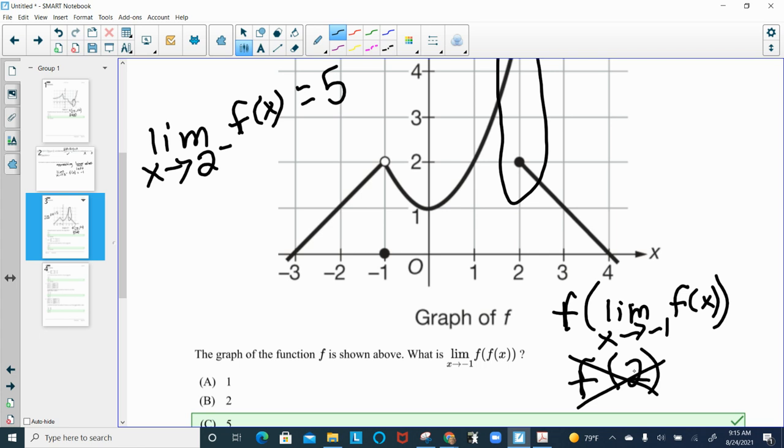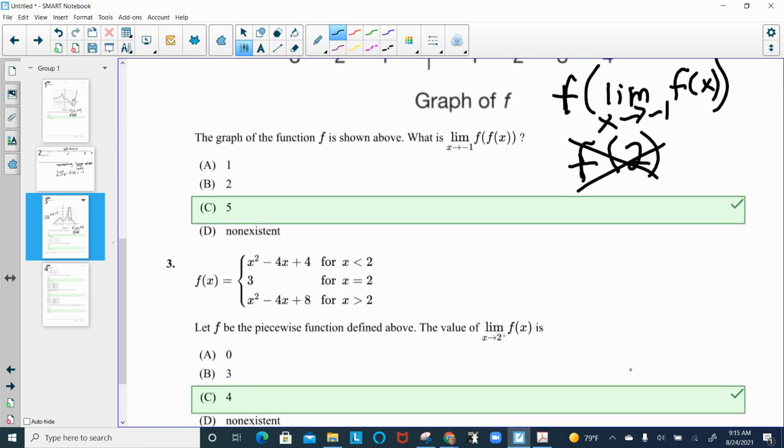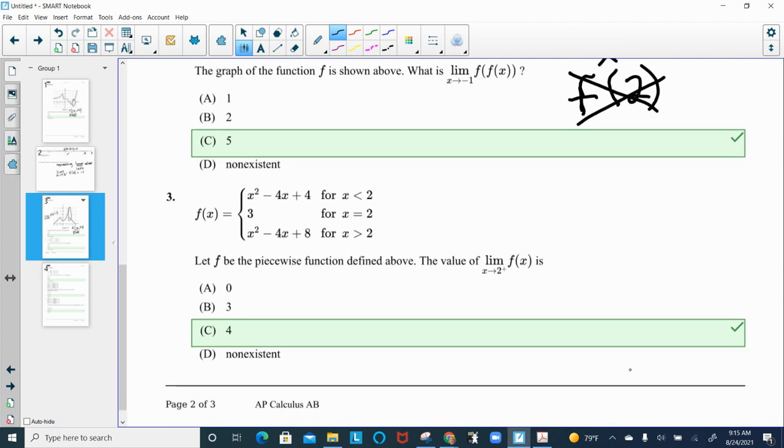Okay, so let's move on to some different kinds of problems where we're doing left and right limits, but with a piecewise, and you have no graph. So the hard way to do this would be to graph the piecewise. The easier way to do this is to look at the piecewise and look at the limit that you want to calculate. So in our case, we would like x approaches 2 with a plus, and that means from the right.